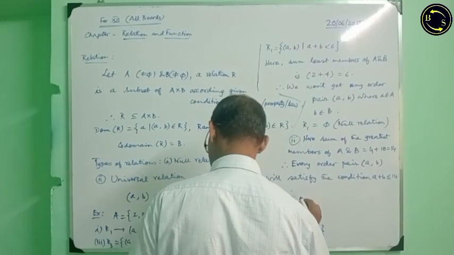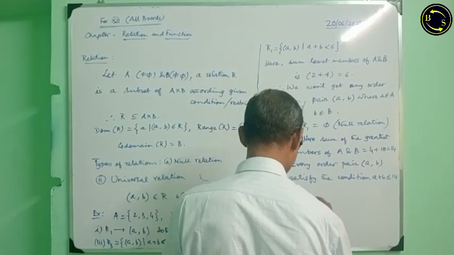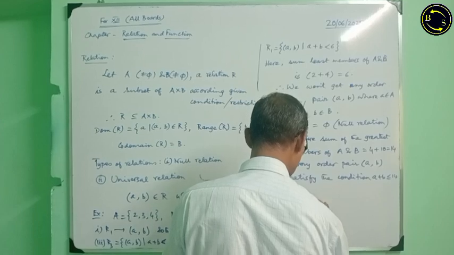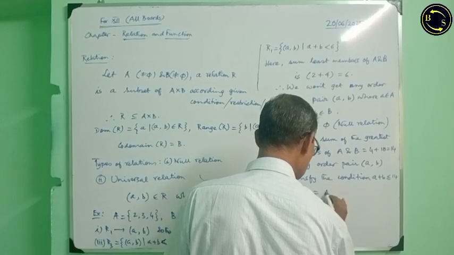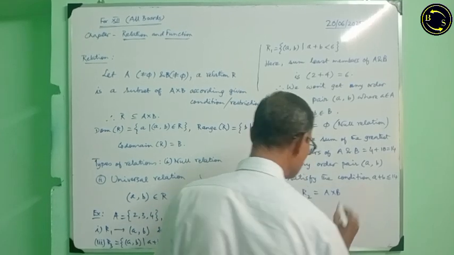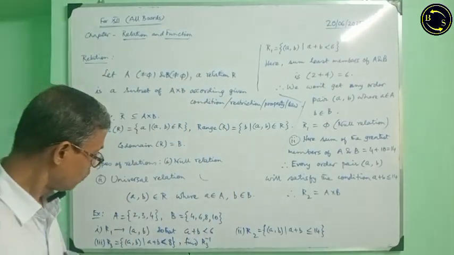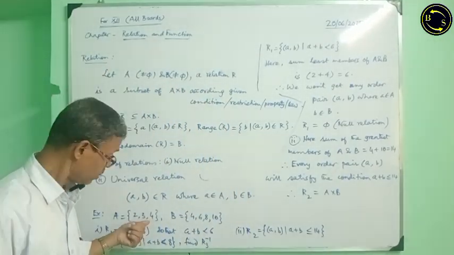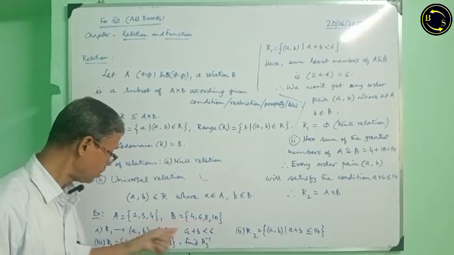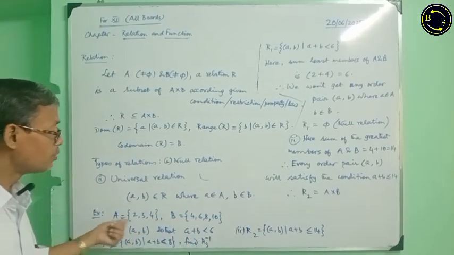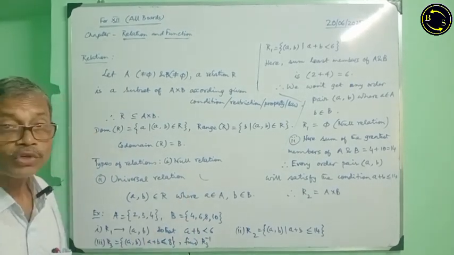Therefore, relation R2 is A cross B. Follow this. We add the greatest members of these two sets and find 14.